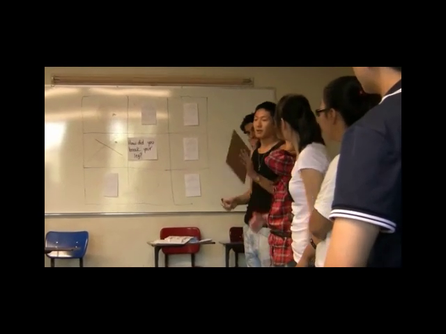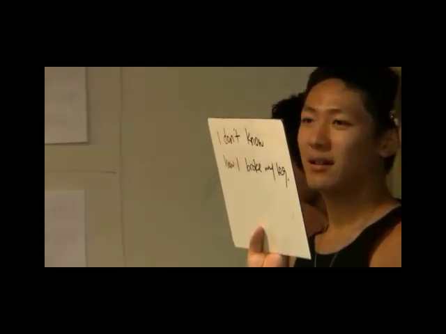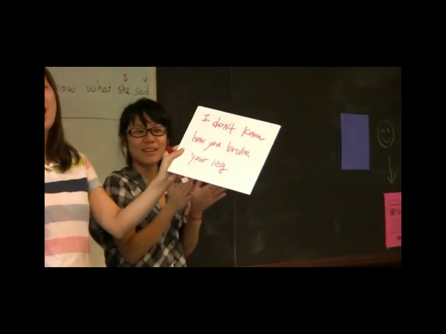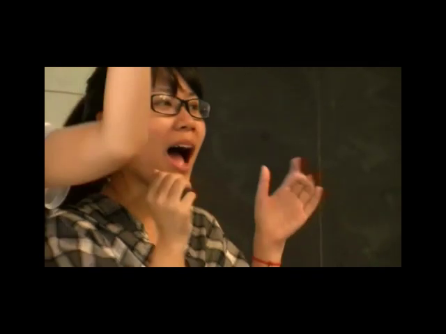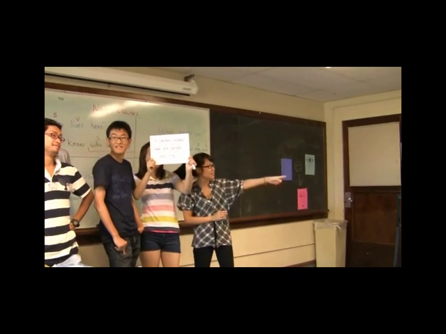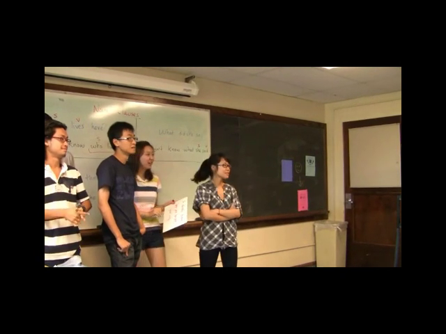Alright, I don't know how I broke my leg. No, you said you. No, they're wrong. There's something wrong. I don't know how you broke your leg. Yeah, but there's something to do. This is how you broke. Well, this how is did not you break?